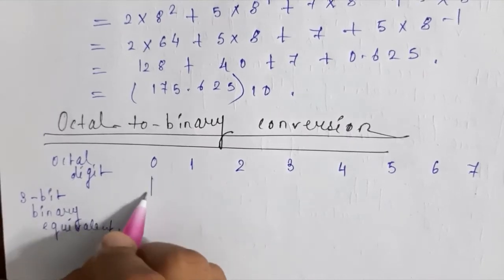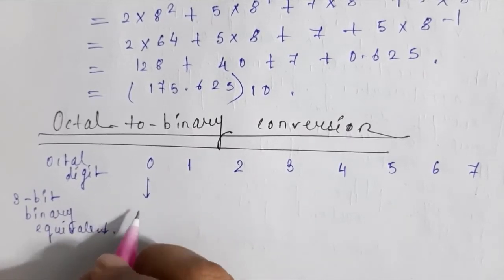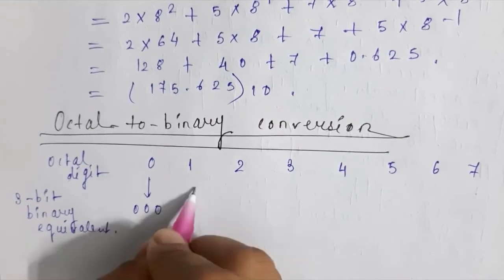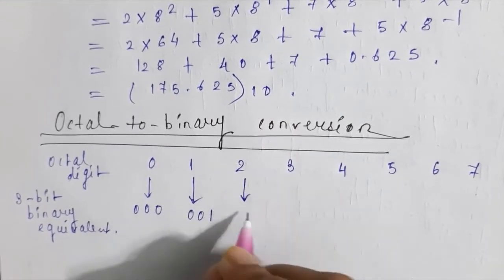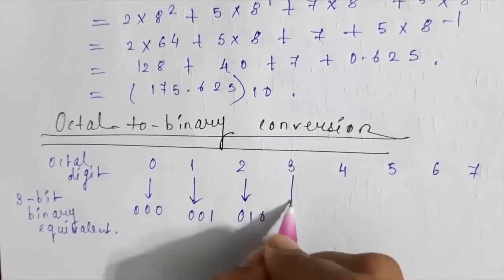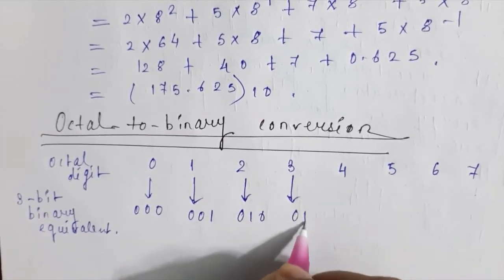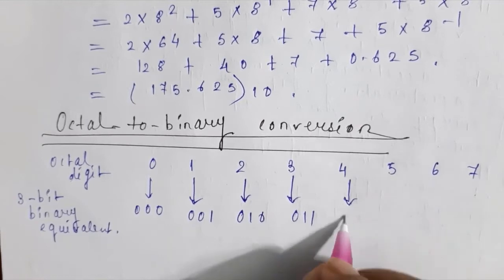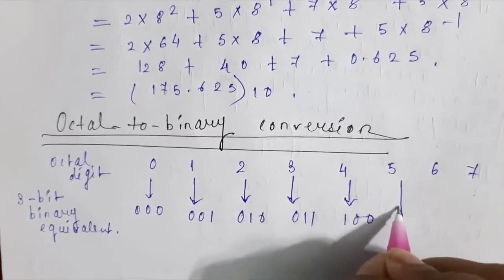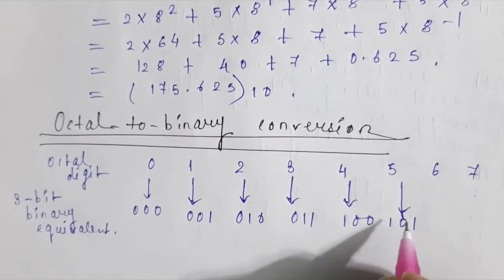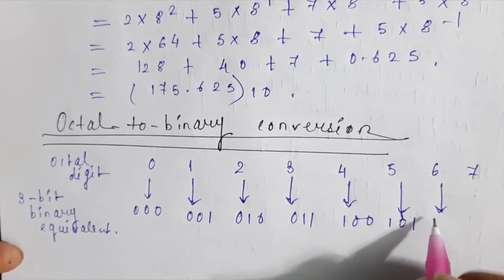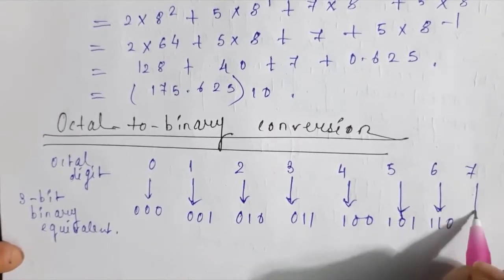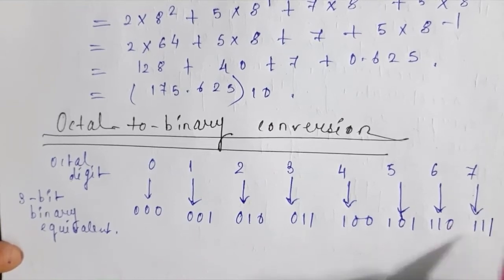That means this will be 0, 0, 0. This will be 0, 0, 1. This will be 0, 1, 0. This will be 0, 1, 1. This will be 1, 0, 0. This will be 1, 0, 1. This will be 1, 1, 0, and this will be 1, 1, 1.